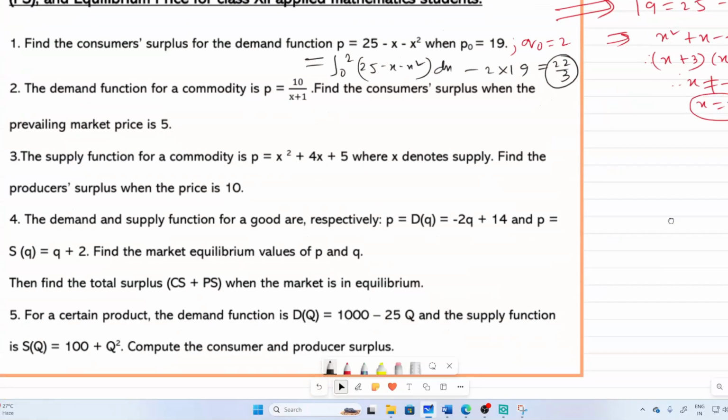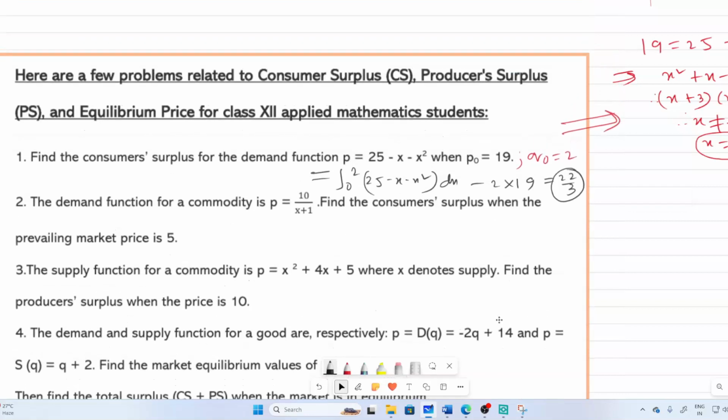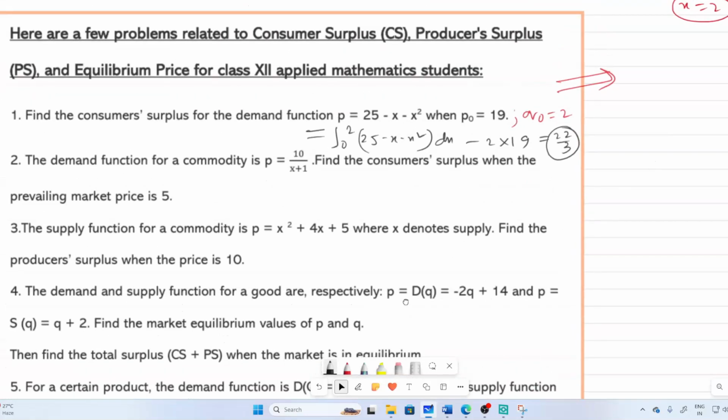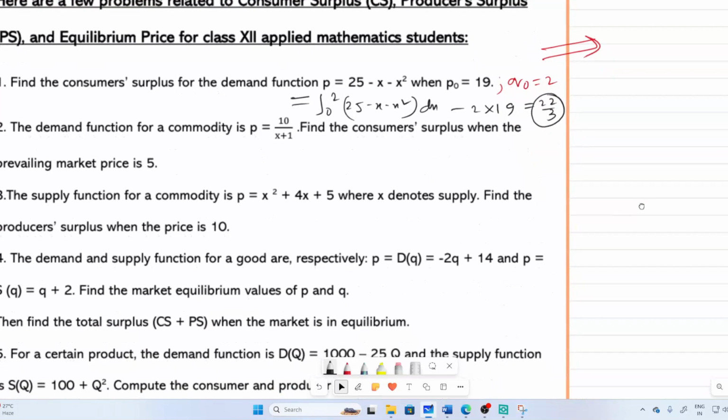Next one, the demand function for a commodity is given, that is 10 by X plus 1. Find the consumer surplus when the prevailing market price is 5. In the same manner, what will you do here?